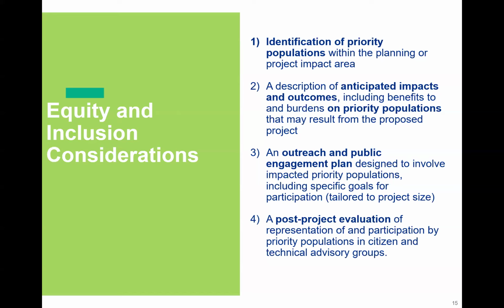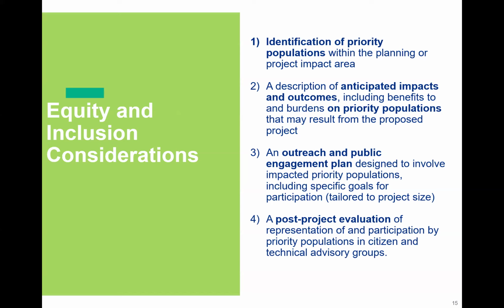The priority populations include Black and African American community members, Indigenous, Native American, or Native Alaskan community members, persons of color, community members with limited English proficiency, people with disabilities, extremely low income and or homeless community members, and other locally identified underserved priority populations.